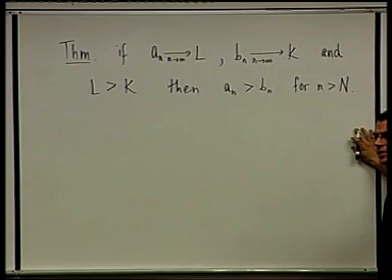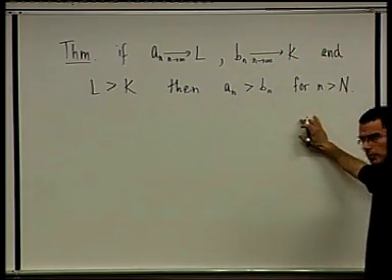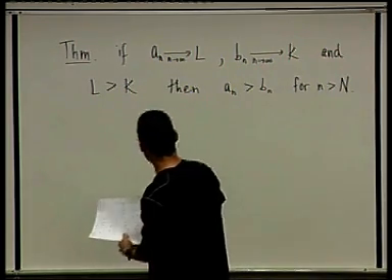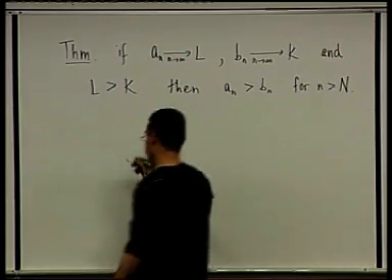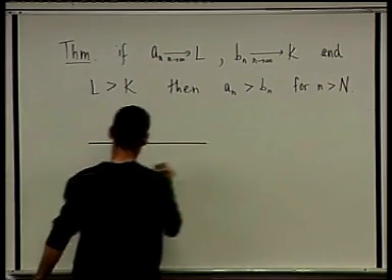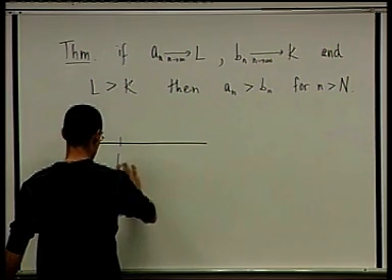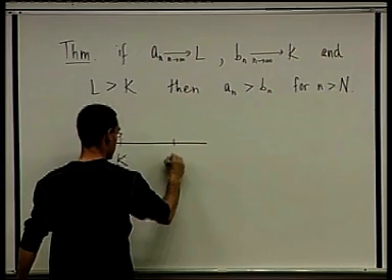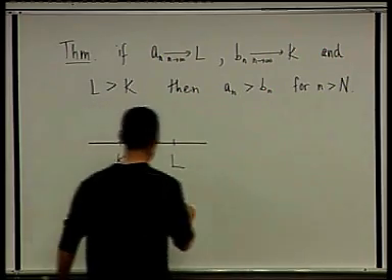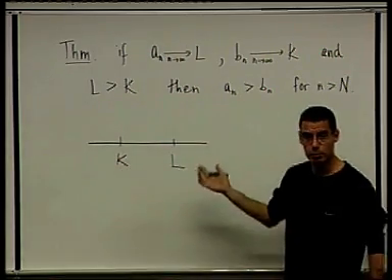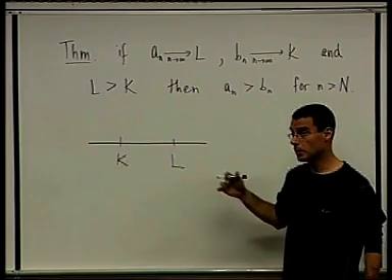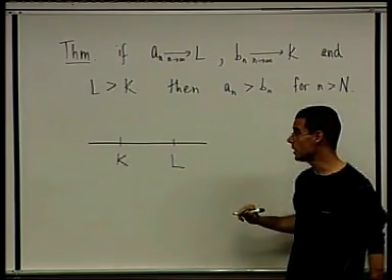Okay? Let's think for a minute why this makes sense. Well, just a quick drawing. Here's K, and here's L, which is the bigger one. This is just the idea of the proof. Okay, I'm not going to completely formalize it, just the idea.